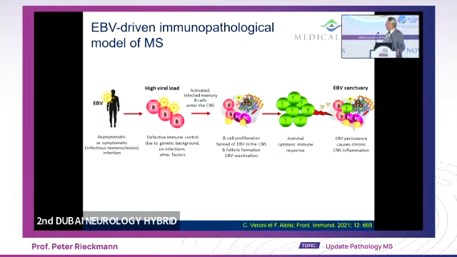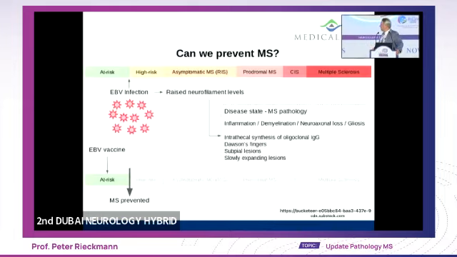So we can derive a model now that asymptomatic or symptomatic infection with Epstein-Barr virus with a high viral load, due to immune control and genetic background, maybe with other cofactors involved as well, can induce B-cell proliferation, particularly in areas where B-cell follicle formation and EBV reactivation can occur, inducing an antiviral cytotoxic immune response, and by that basically ignite the bomb, so that the inflammation goes astray beyond the perivascular space, with activated T cells invading into the parenchyma.